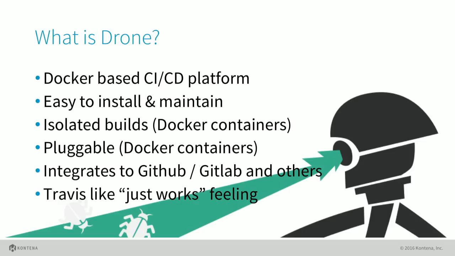As everything happens in drone in Docker containers, it gives you a really isolated build environment for all your different projects. And again, as things happen in Docker containers, it's really easily pluggable, because you can of course execute anything in a container. Of course, drone integrates with GitHub, GitLab, and other version control providers. And it really provides this sort of a just works feeling. It's really easy to set up, as I'm going to demonstrate in a few minutes.